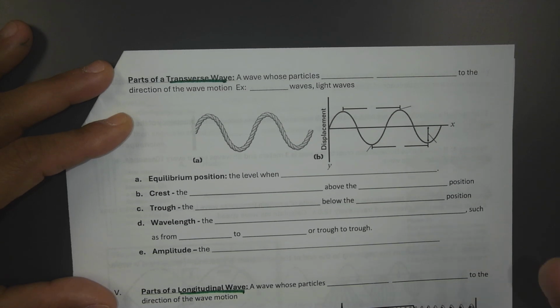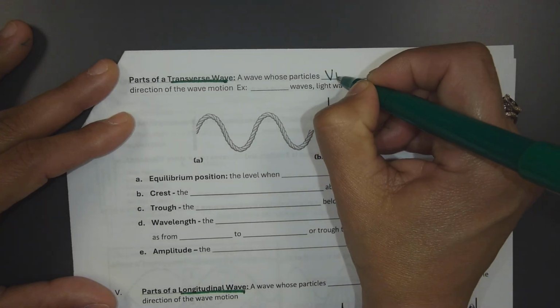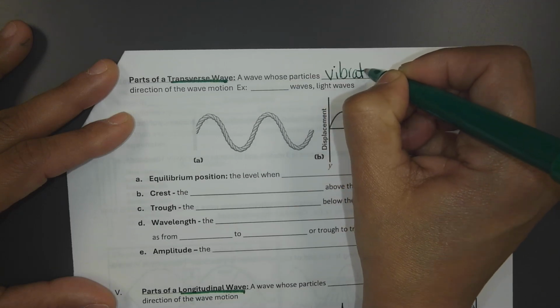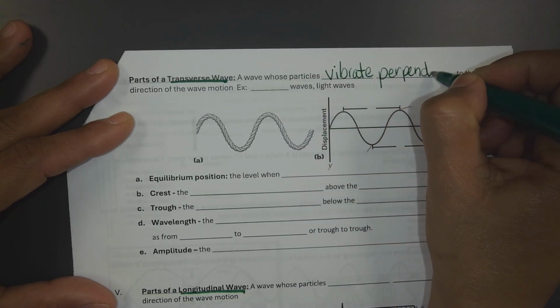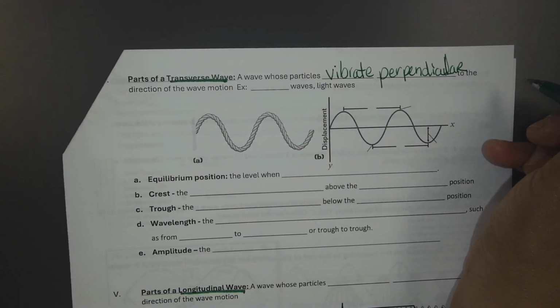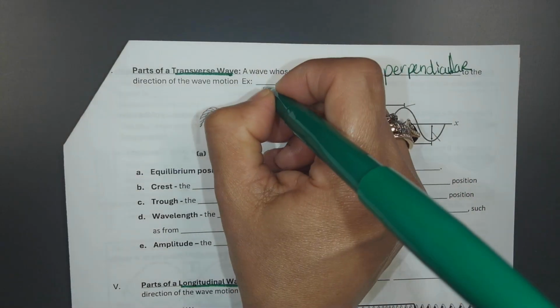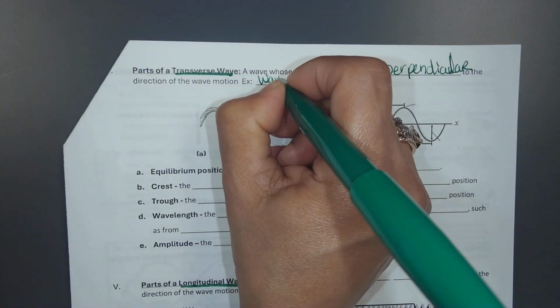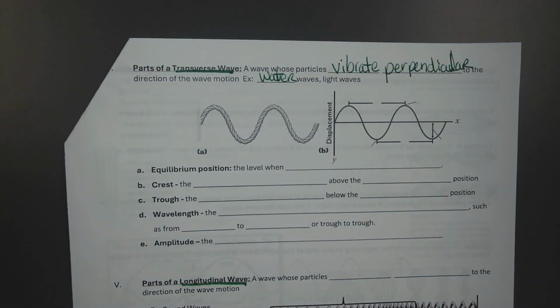It says here that a wave whose particles vibrate perpendicular to the direction of the wave, for an example, like a water wave or ocean wave.